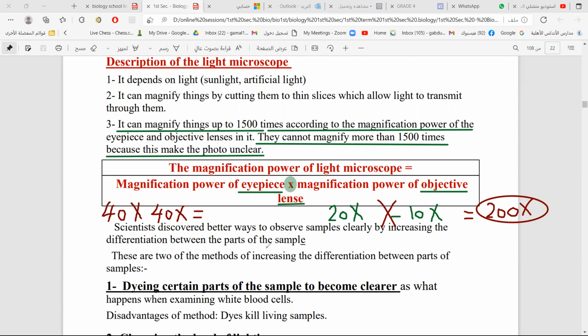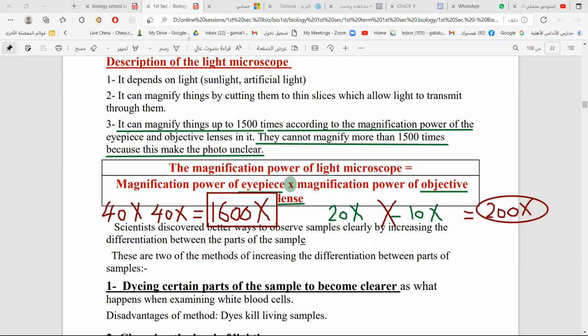What is the total magnification power here? 40 by 40 equals 1,600. So is the photo more clear or unclear?